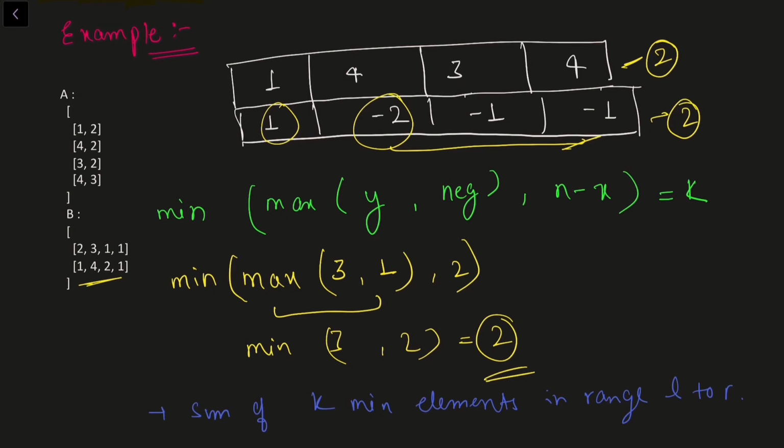So that is the subproblem I was talking about, the sum of k minimum elements in range L to R. That is the problem which we can solve with a merge sort tree. Okay, so this problem can be solved with a merge sort tree, not merge sort but merge sort tree.